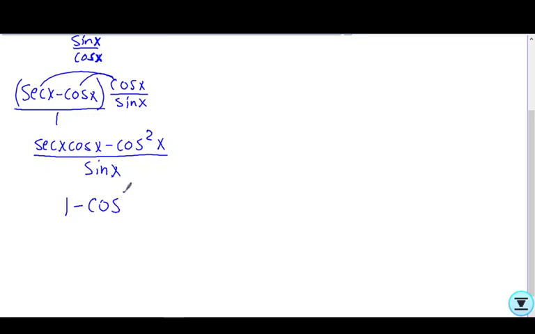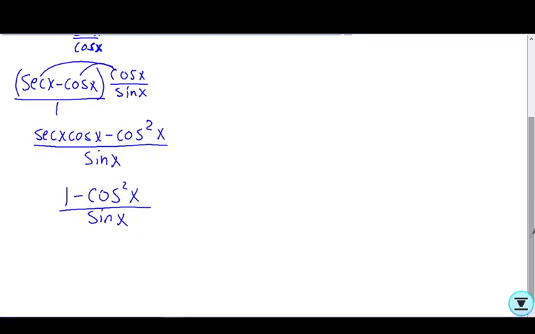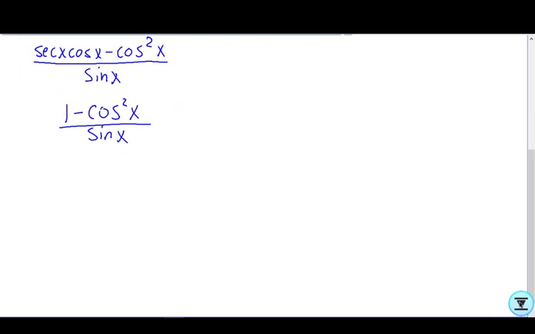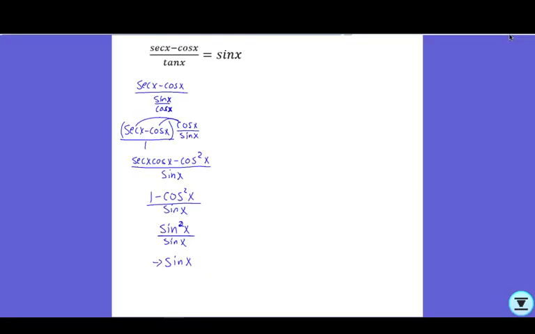So you end up with 1 minus cosine squared over sine. And 1 minus cosine squared, that's the Pythagorean identity, which is sine squared x over sine. And sine squared is sine times sine divided by sine, which is just sine x. And that gets you to where we originally started. So here are all the steps going through it.